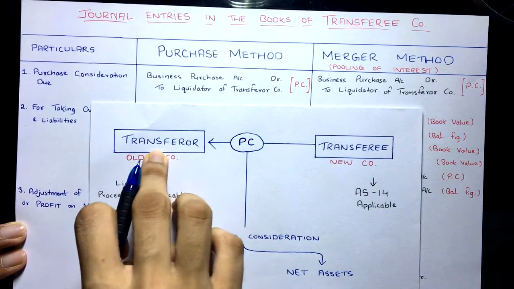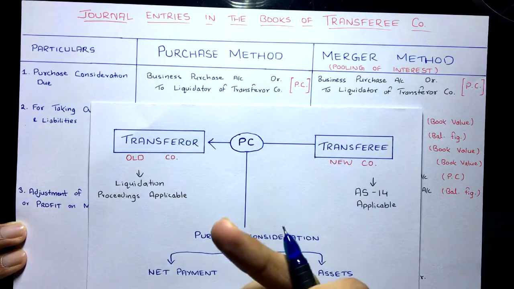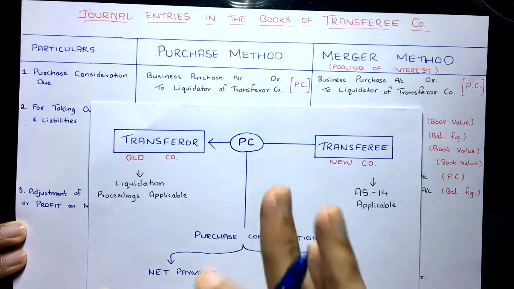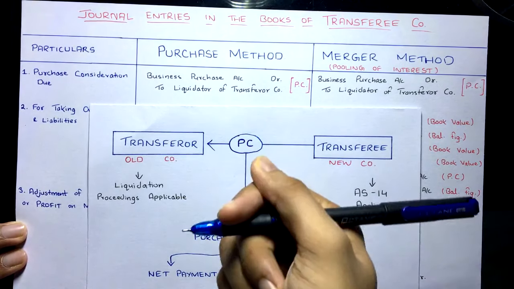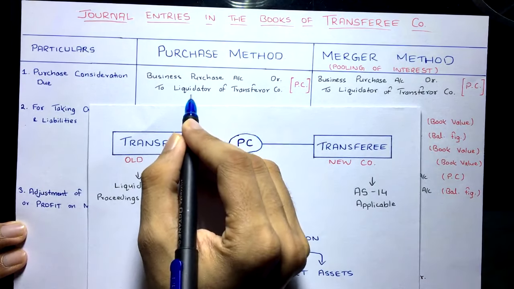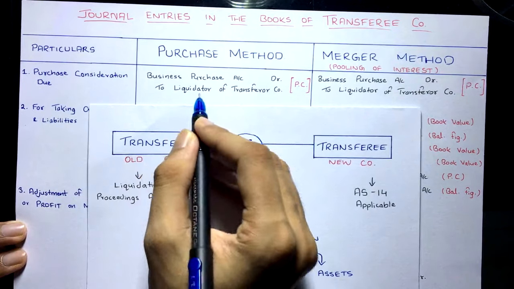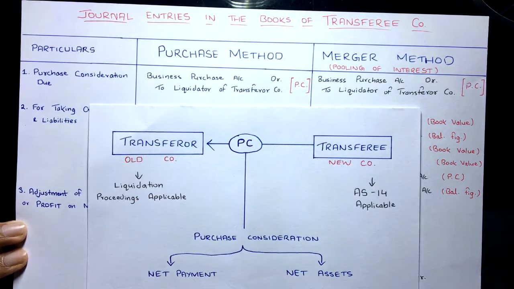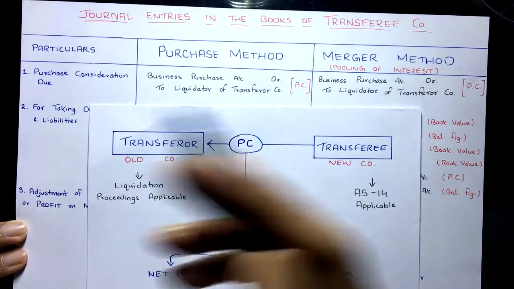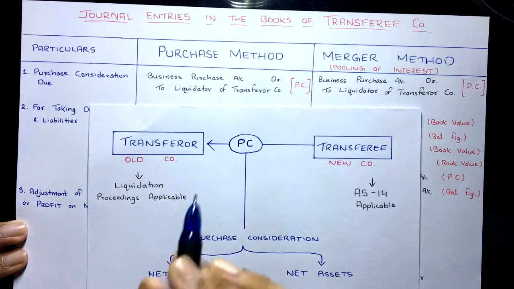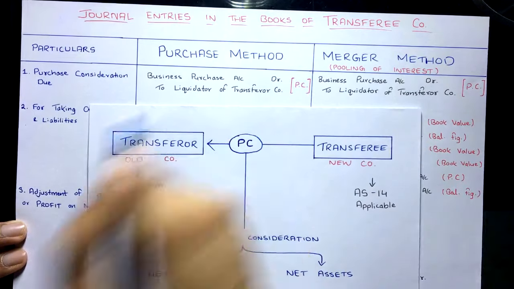Now to whom are we going to pay that? The owners of the company. But actually that purchase consideration will be handed over first to the liquidator of transferor company, and then he will see how it is discharged, how it is given to the owners of the company. So first we will hand it over to the liquidator.